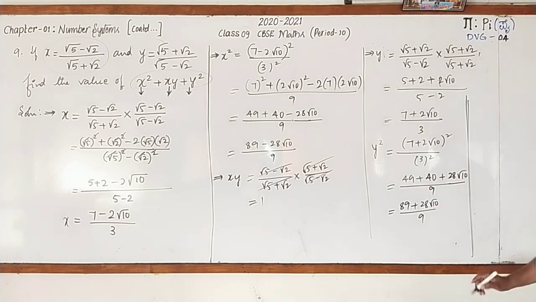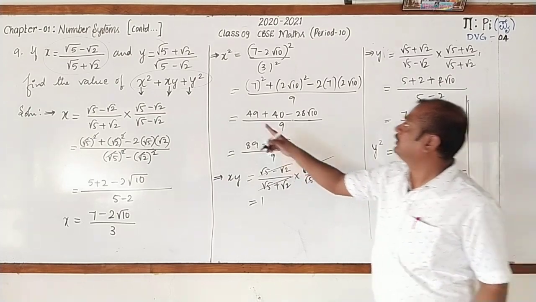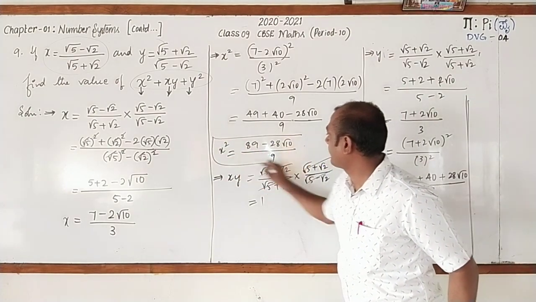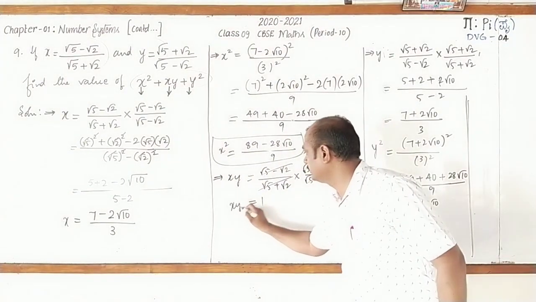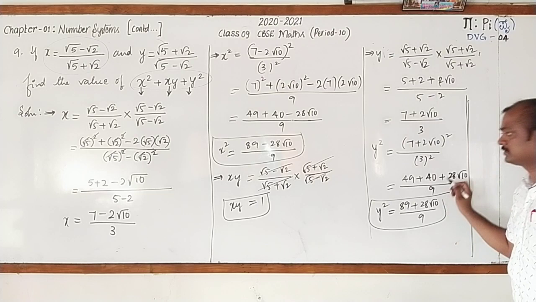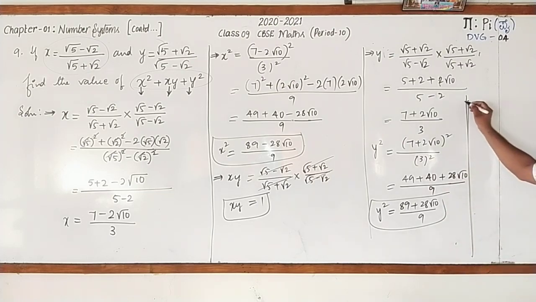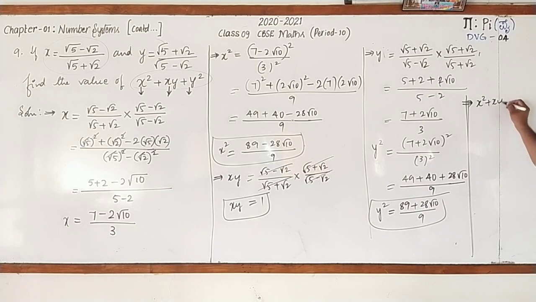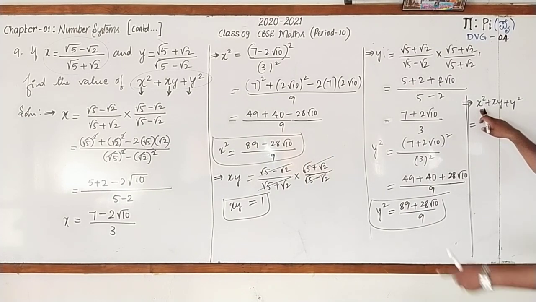Here I write. So we got x square, xy, it is 1. Then y square, this is. We want to find out the value of x square plus xy plus y square. This is equal to x square.